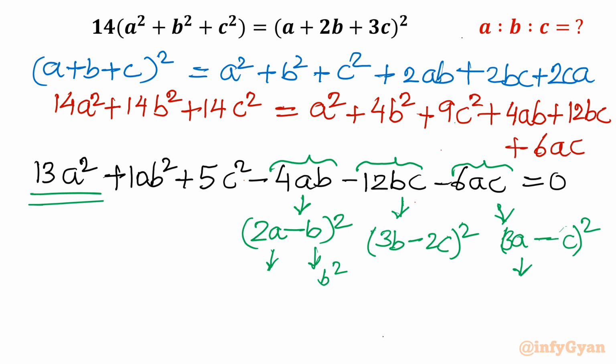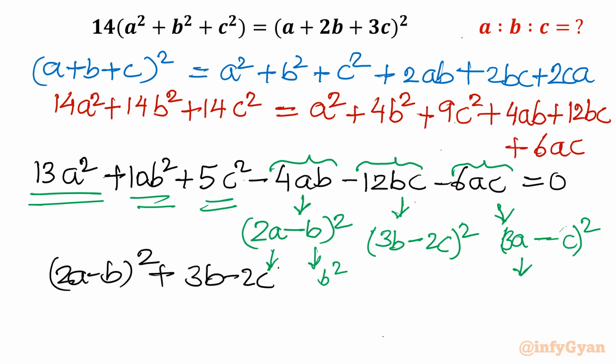So you can manipulate the b square, a square terms, but clue of ab, bc, ca is only here. So ultimately what we are having, I will write 2a minus b whole square plus 3b minus 2c whole square plus 3a minus c whole square equal to 0.